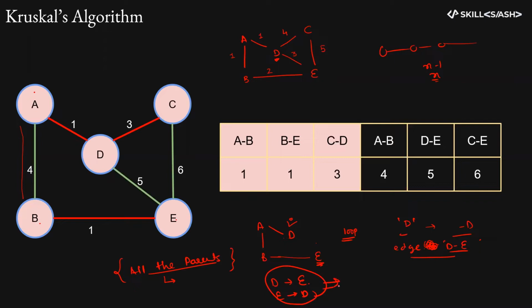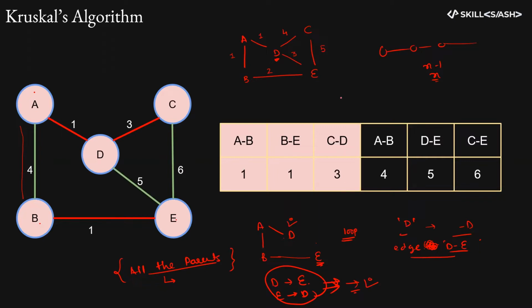Via such a relationship we can understand that it is forming a loop, right? So if we find some way to determine that adding this edge is giving us a loop, then we will not add this edge itself into our resultant set.